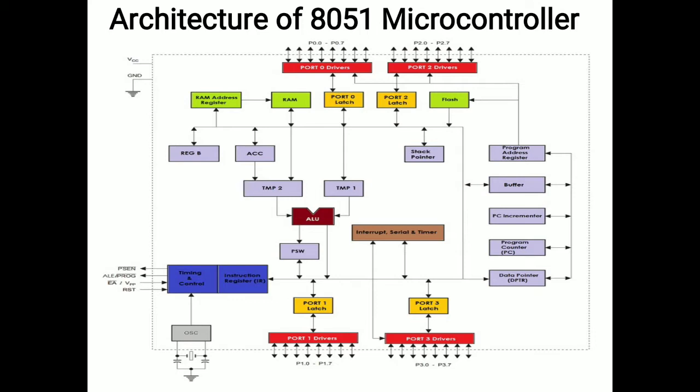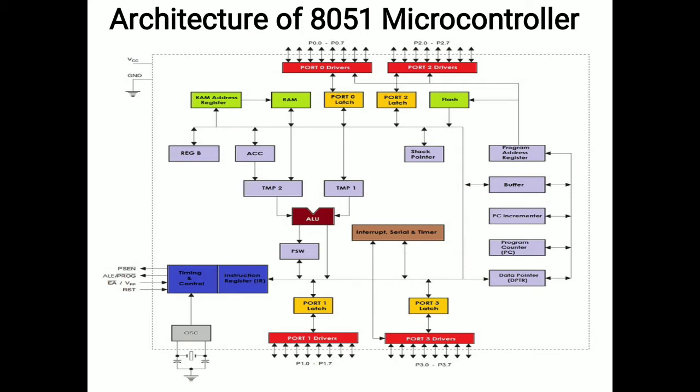Okay. So, in this architectural diagram of an 8051, ports are segregated on two sides. As we see, the bottom side consists of port 1 and port 3, and the top portion indicates port 0 and port 2.